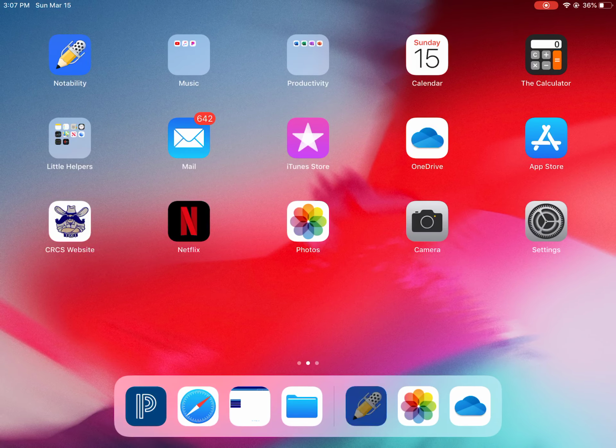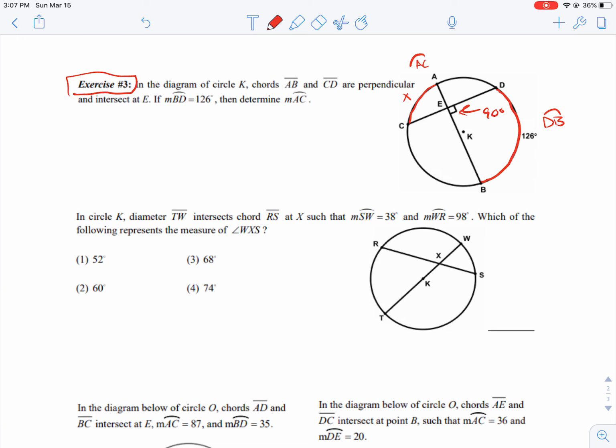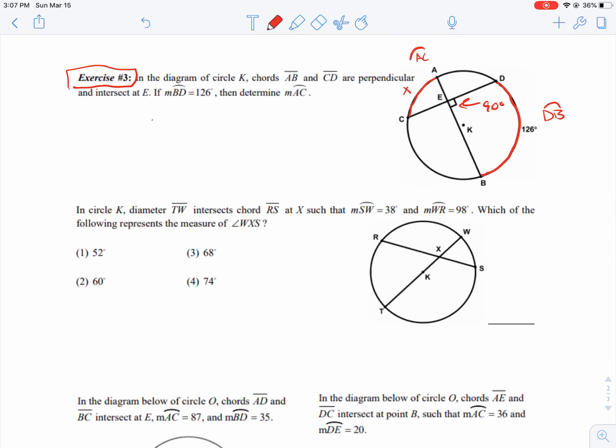In this case, it's 126. So we are going to go 90 degrees is equal to 1/2 of 126 plus x. Okay, so multiply both sides by 2.